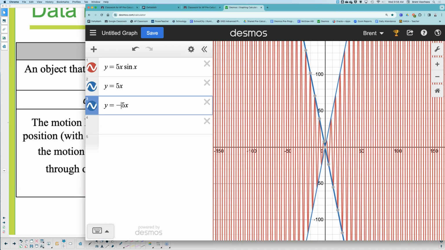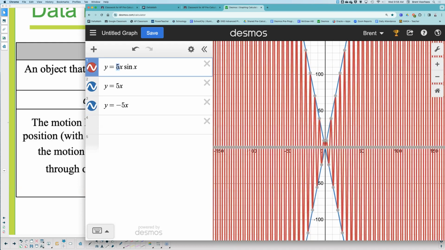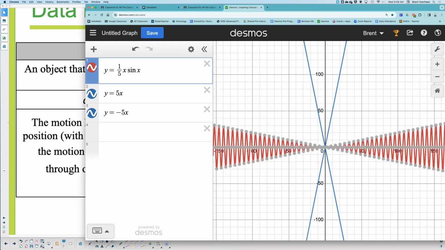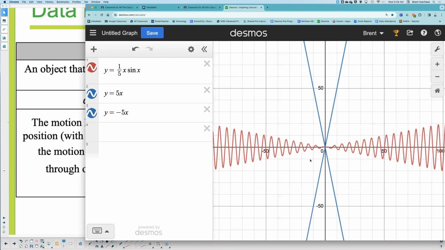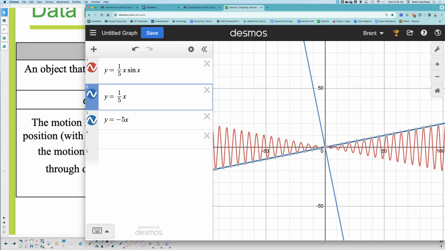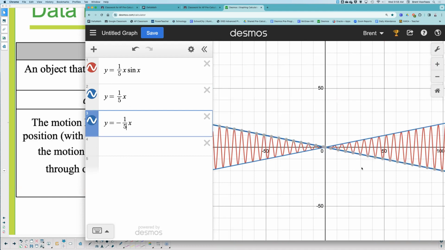Pretty neat, huh? We can go further, but I want to change my coefficient from a 5 because it'll get too big too fast. This time, I'm going to do 1/5. You see what 1/5 does? Now, why am I not matched up now? Okay, so if I change all these to 1/5, again, this will work. 1/5, 1/5, negative 1/5. And you might be going, okay, we knew that was going to work. Why did you do that?